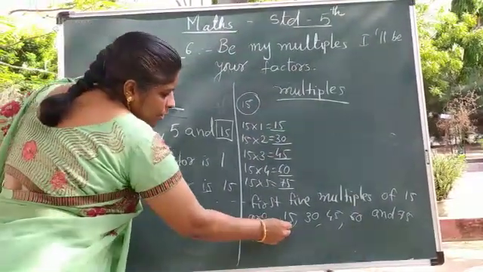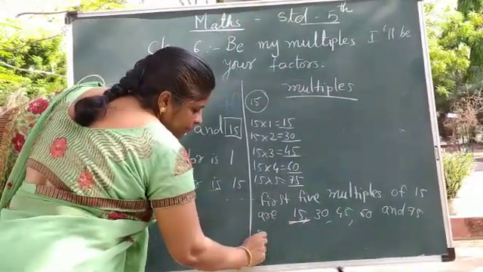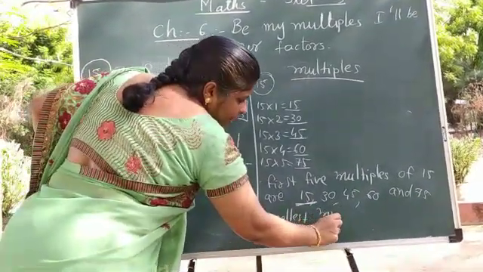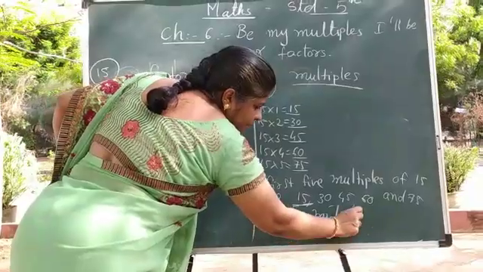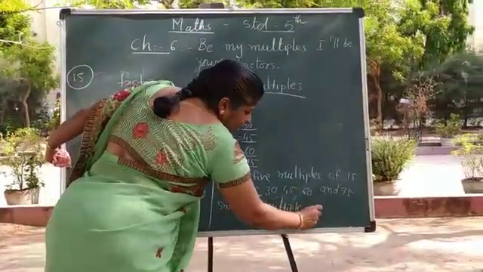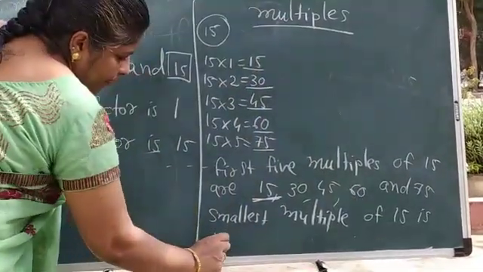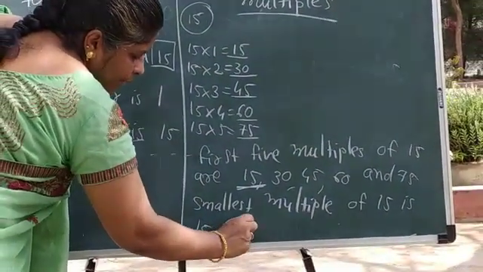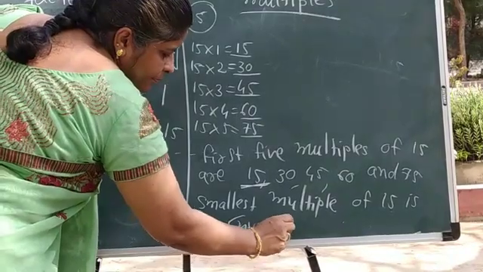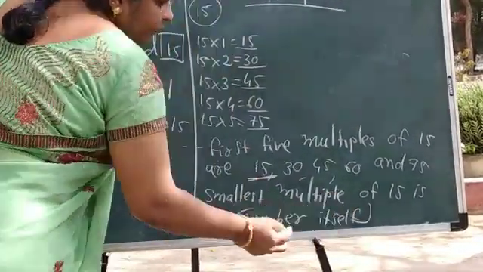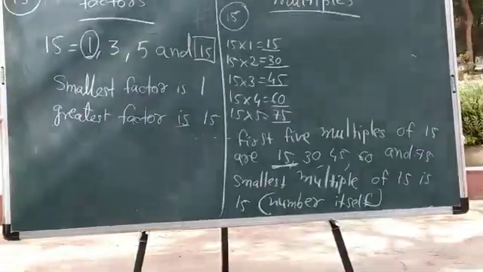Now see, the smallest multiple of 15 is 15 or the number itself. There is no greatest multiple.